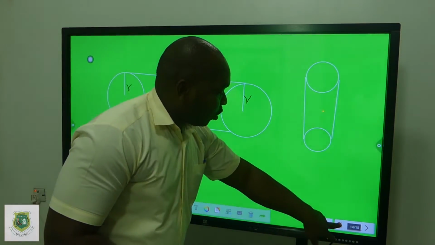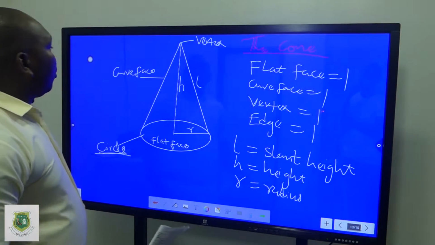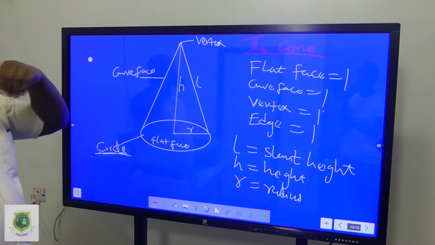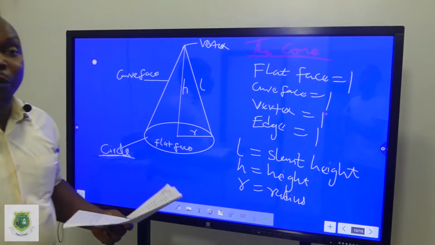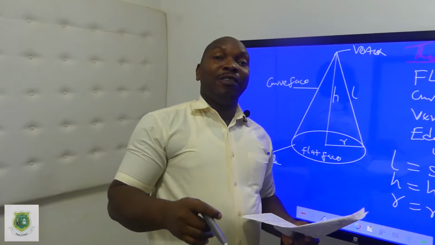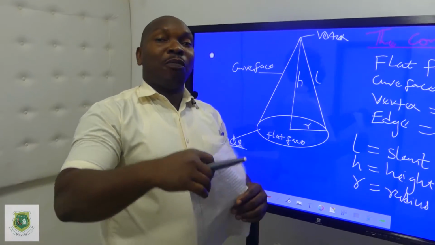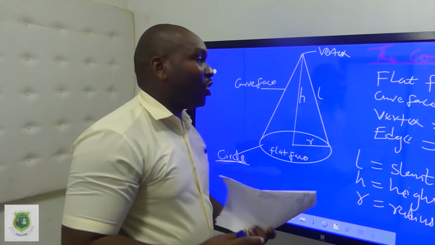Let me take you back to the cone so that you see an example of the cone: your ice cream. You can remember when we were doing our inter-house sports, those people that used to sell ice cream from their van would give you the ice cream in the cup. The ice cream will have a cone, a conic shape.